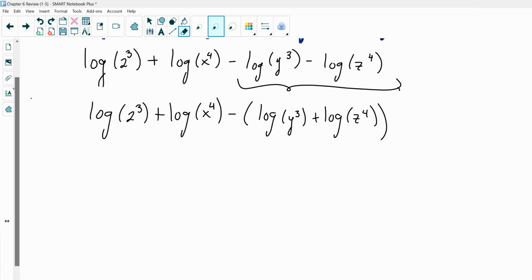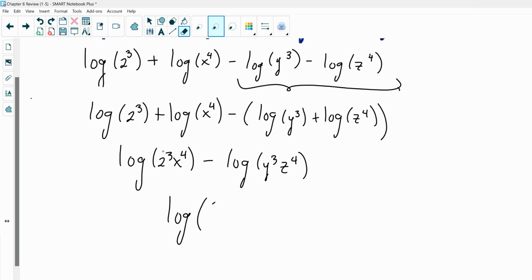Then use our product. As we'd factor it out, then use product to tell us that we have log of 2 to the third x to the fourth minus log of y to the third z to the fourth. Now we have two things being subtracted. We can use our quotient property to tell us that it's log of 2 to the third x to the fourth over y to the third z to the fourth.